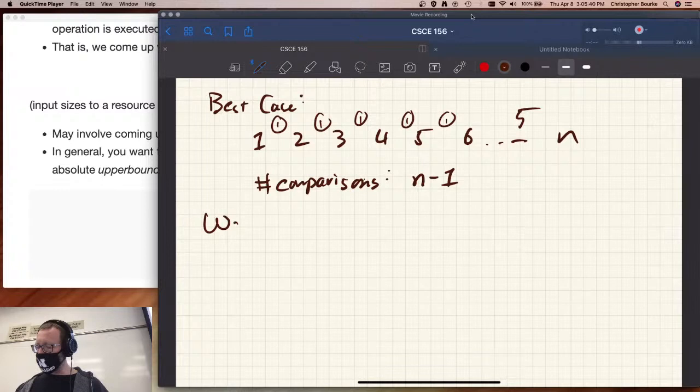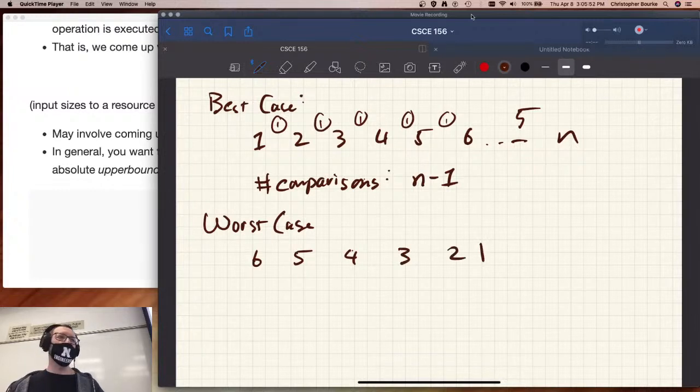Now here's the worst case. If the best case is that it's already sorted, intuitively, what do you think the worst case is? Sorted, but in reversed order. Right? Now let's simulate insertion sort here. No comparisons here because it's of size 1. 5 needs to be shifted over before 1. That was one comparison.